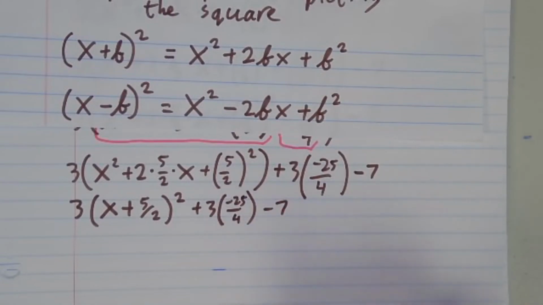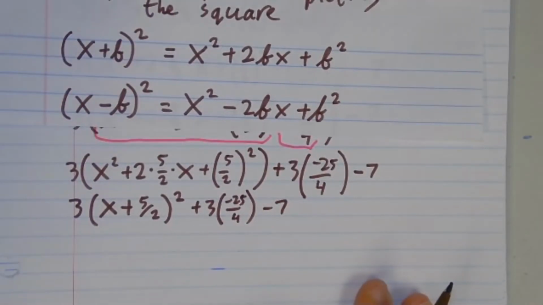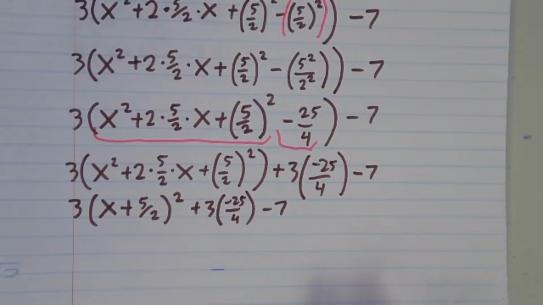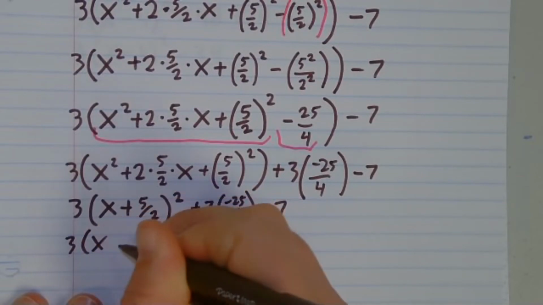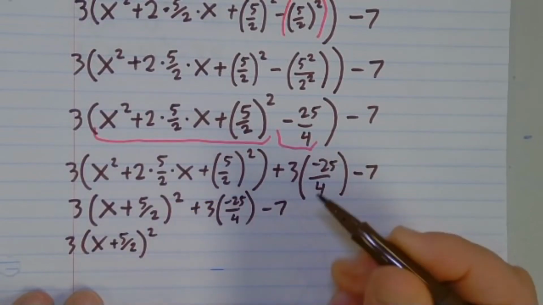And then I need to get my constant term cleaned up a little bit because that is not great. Okay, so this part is no longer going to change because I have completed the square.